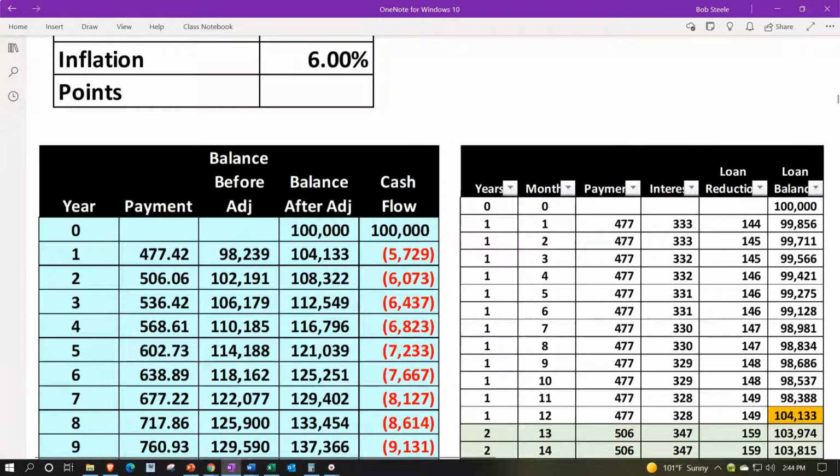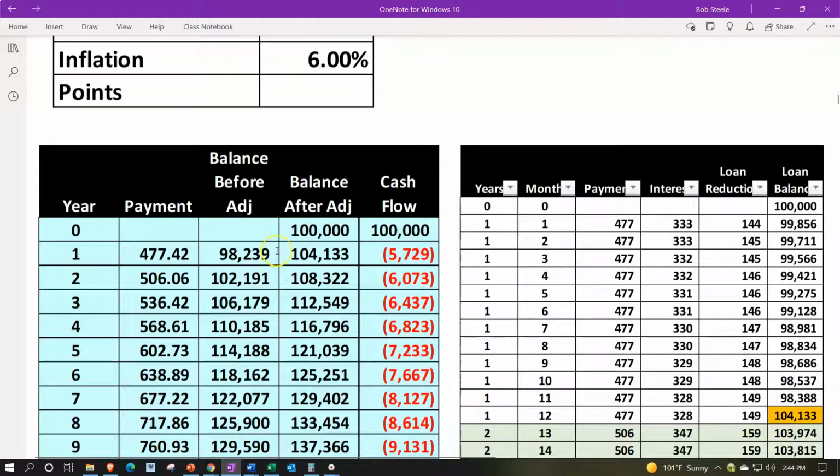So it's going to look something like this. We'll have the first payment, 477.42, and then we'll figure out the ending balance. This would be the balance before adjustments, which you could figure out with a formula, which we'll do here, and we'll also do this in Excel, or you can construct the amortization table and see it would be this ending balance here.